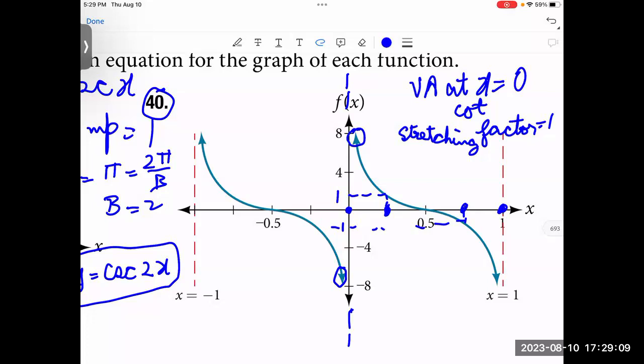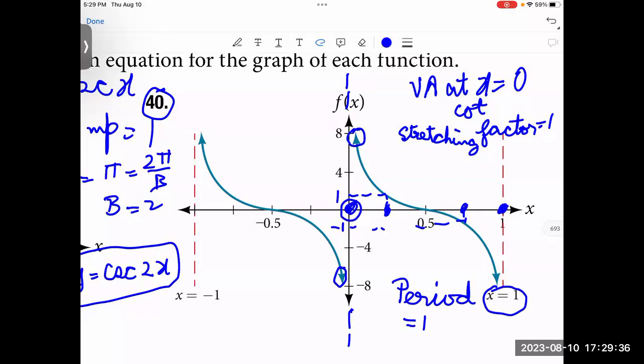The period of the function, basically, the distance between these two vertical asymptotes is equal to 1, because that's the x-coordinate of here. The x-coordinate for this vertical asymptote is 0, so the period is 1.